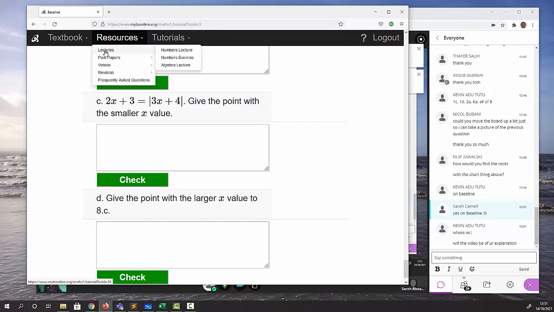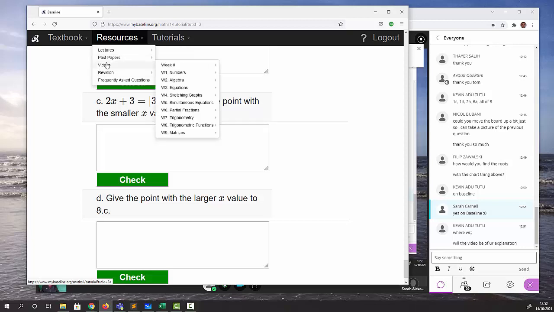At the moment we've got numbers and algebra, and by sometime tomorrow, depending how long it takes me, we'll have the one on equations and the exercises. When I make another one, I'll probably put it under videos here. So the one on equations, I'll stick under videos, but I'll make an announcement so you know where it is. Okay?